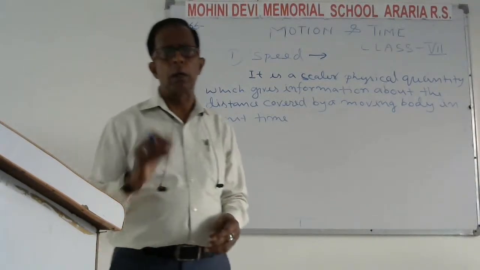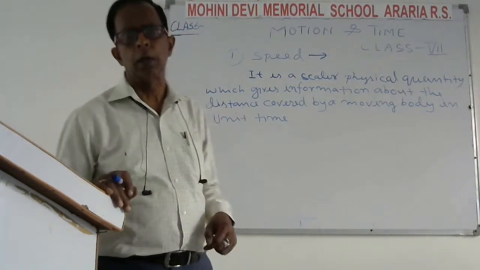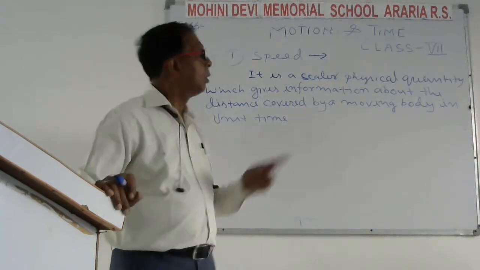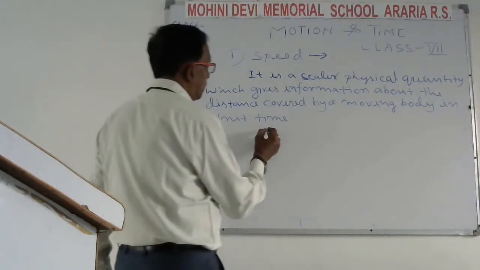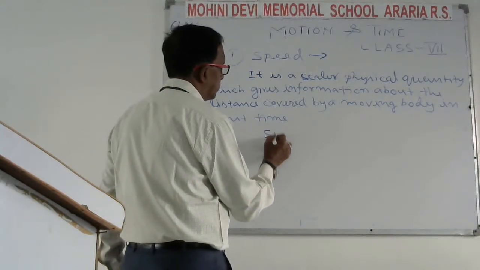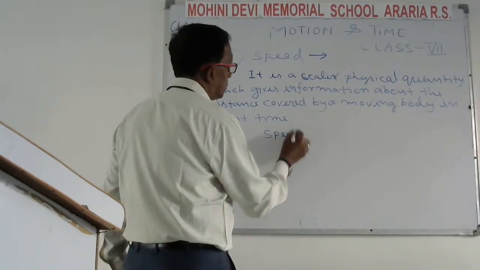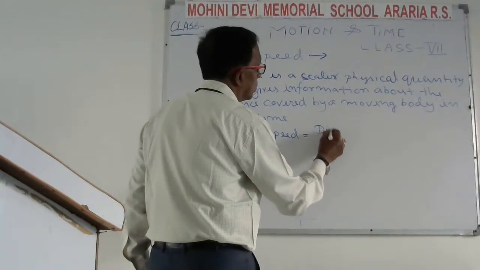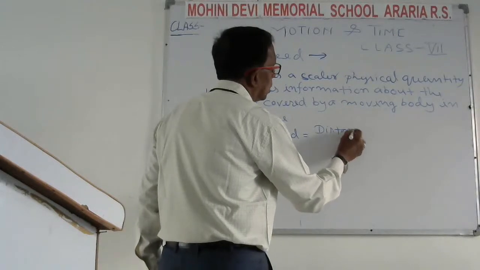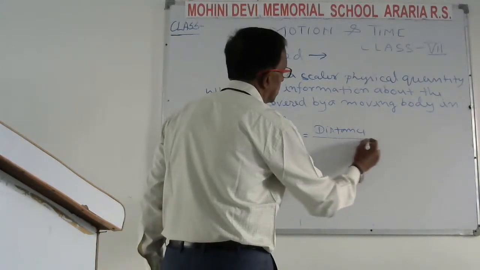What is a scalar and a vector? You will learn that in 9th class. It is not your matter now. So speed is equal to distance by time.